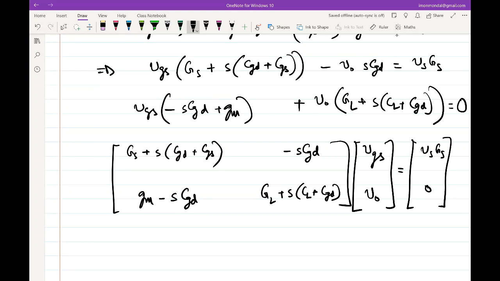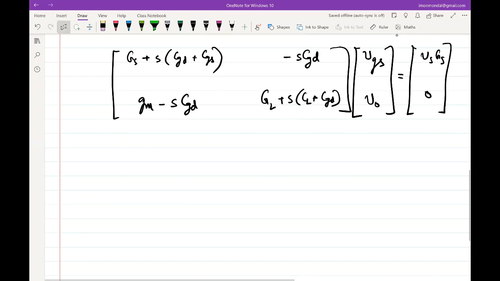Just verify that I'm not making any mistake, because otherwise it can be painful when the expression becomes big. So V naught over Vi.